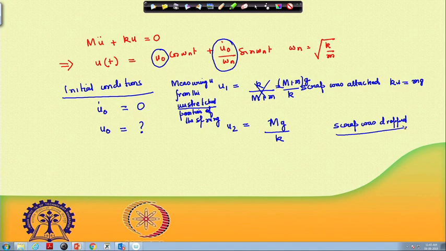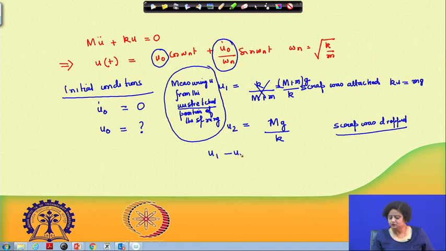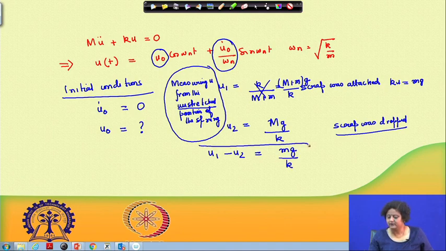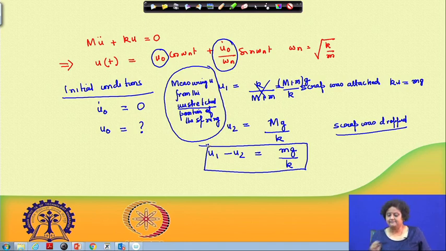The overall displacement at t equals 0 with respect to the unstretched position of the spring is u1 minus u2, which is small mg by k. This is the overall displacement that the mass has experienced at t equals 0.